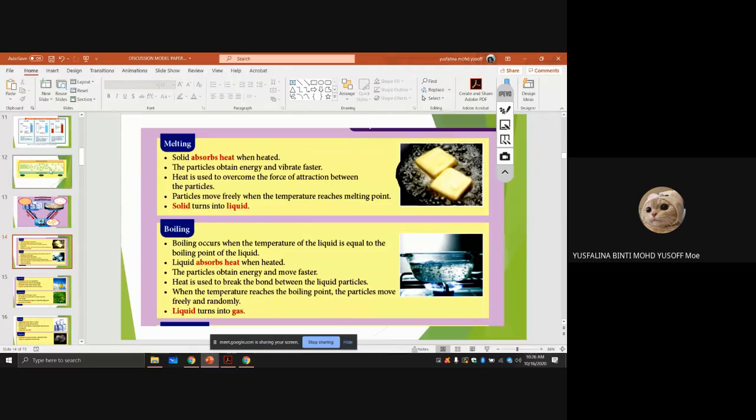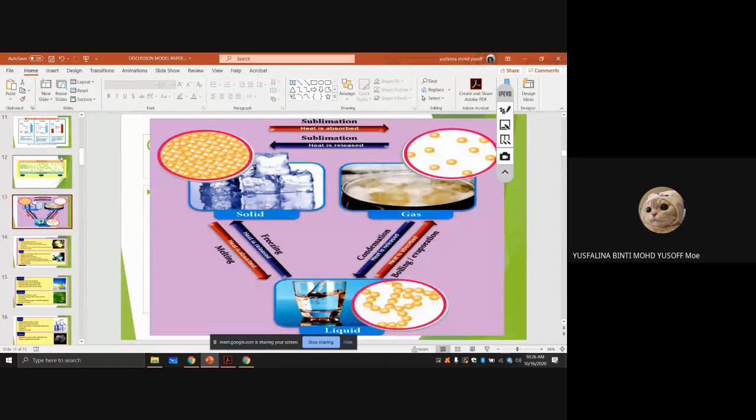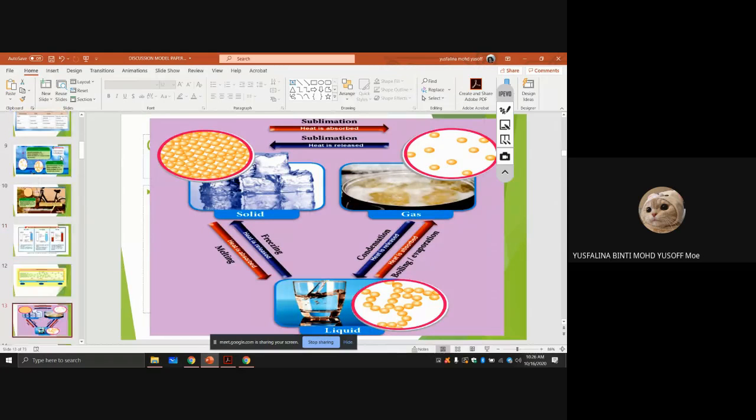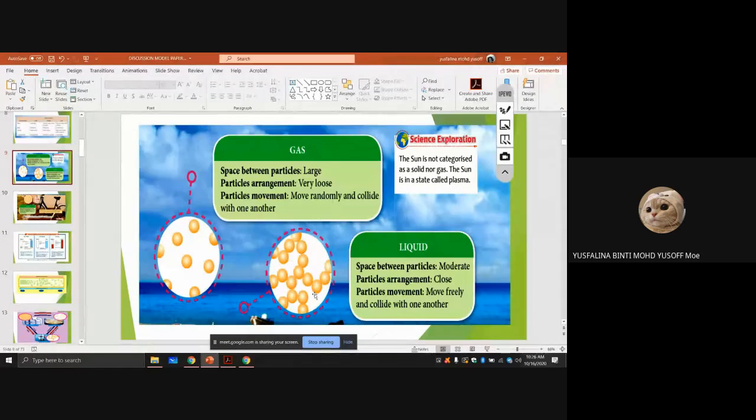This one is also the same. Let's see the liquid. So this is the liquid, same as the solid before. When you give heat energy, the particles will vibrate. When they keep vibrating and reach the boiling point, it means they have enough energy to overcome the force of attraction between particles.